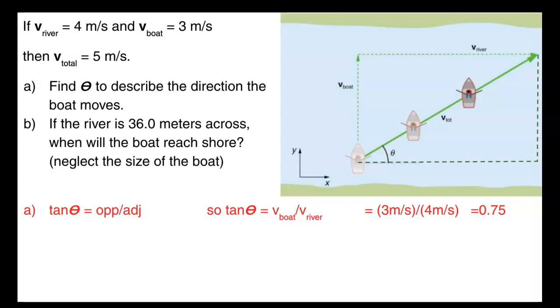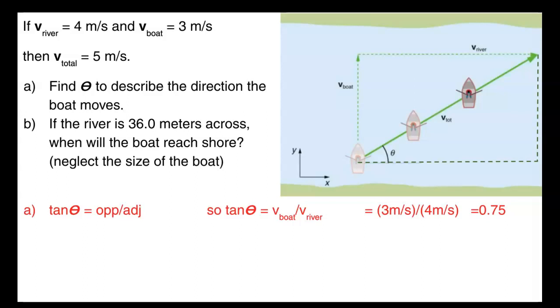So that means tangent theta equals 3 meters per second over 4 meters per second, which is 0.75. So tangent of some angle theta equals 0.75. Back in the old days, when I was in high school, that meant you got out your trig table and you found by hand what angle it was that is 0.75. It was horrible. It wasn't that bad, I guess.